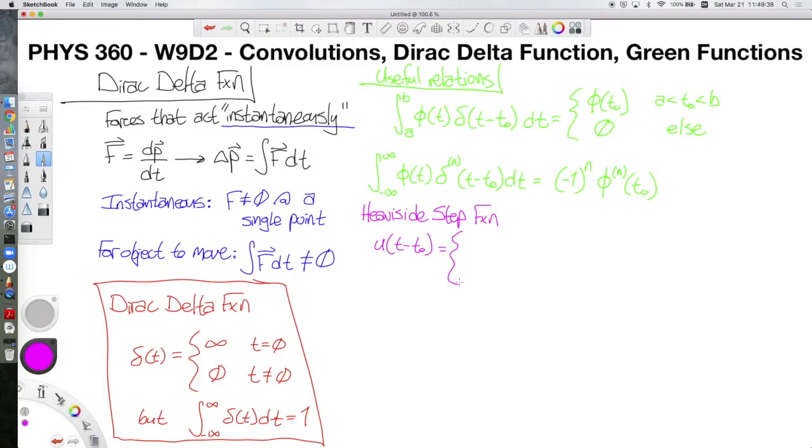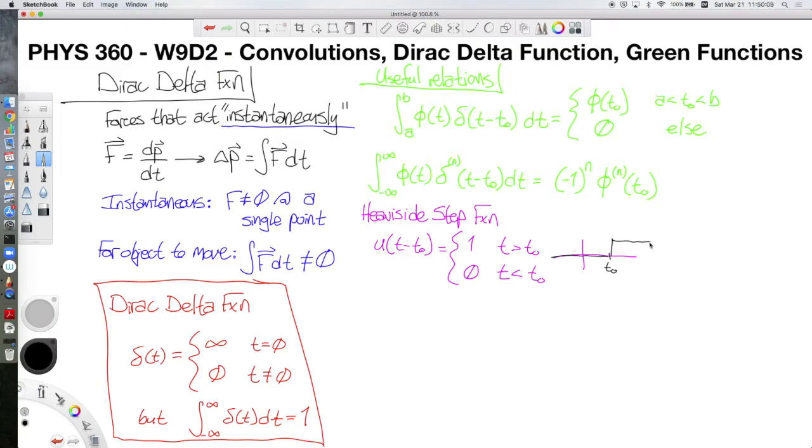The Heaviside step function has a value of 1 when its argument is greater than 0, and a value of 0 when its argument is negative. So the Heaviside step function here looks an awful lot like this. It's 0, 0, 0 up until t naught, and then it jumps to 1.